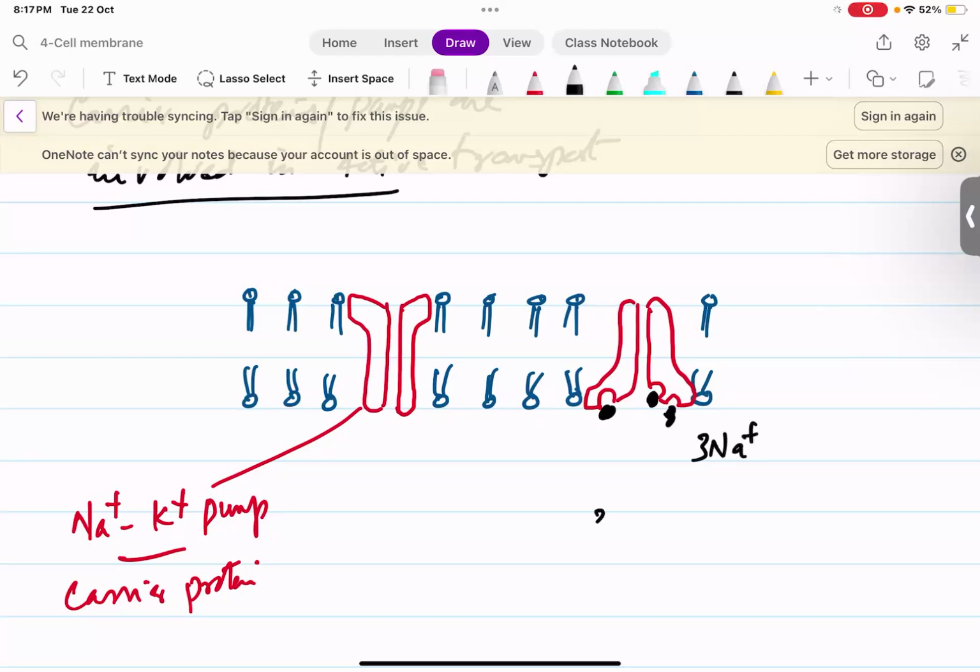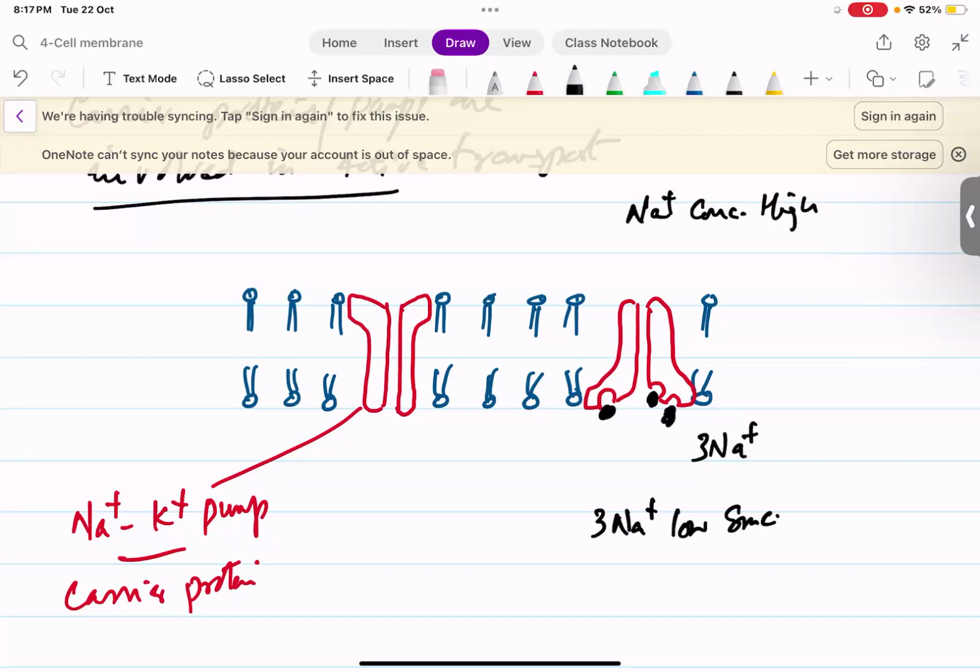Sodium concentration is low inside, and sodium ion concentration is high on outside. But still, these 3 sodium ions bind with it.